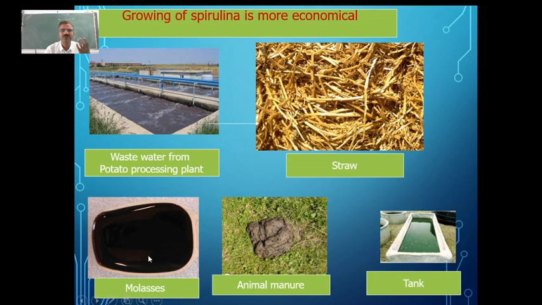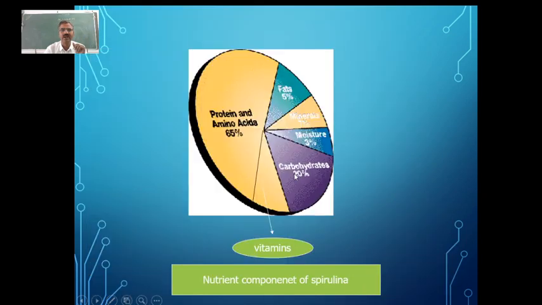You can even use molasses from the sugar industries and animal manure, even human fecal matter, and even sewage water. Whatever waste has organic matter can be used to grow Spirulina. And this Spirulina has a lot of proteins and also amino acids in it.